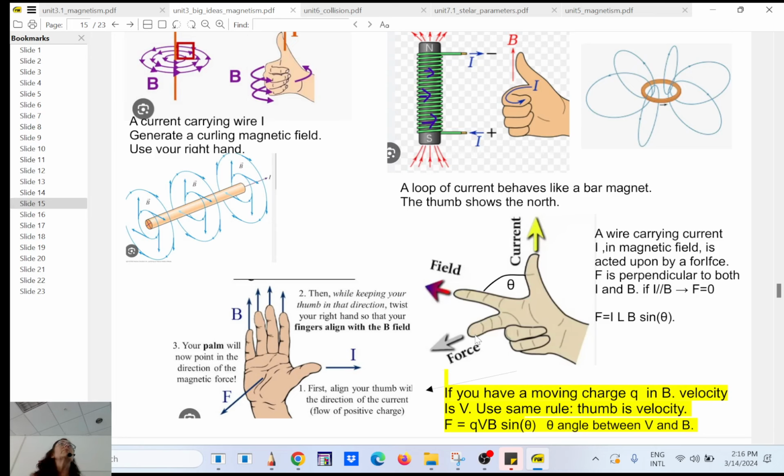Is it inversely proportional? Is it inversely proportional to the distance squared? What's the meaning of each physical quantity? And that should be true even for biology or any science that you are taking. You have to look at your equations. You have to make sure that you understand the units and the meaning of the equations.